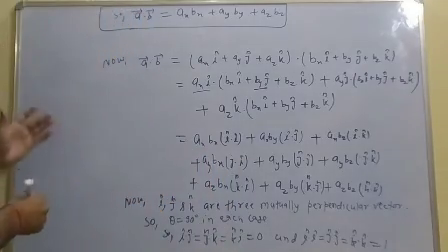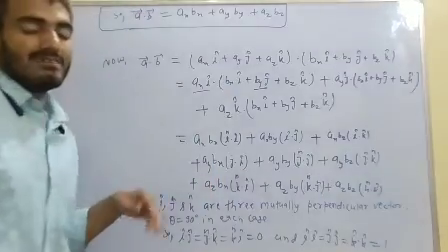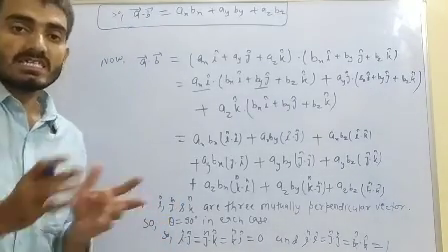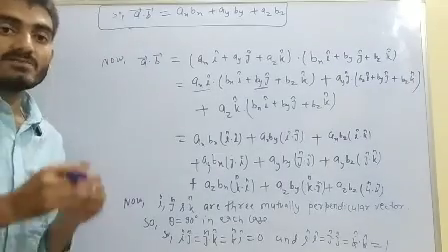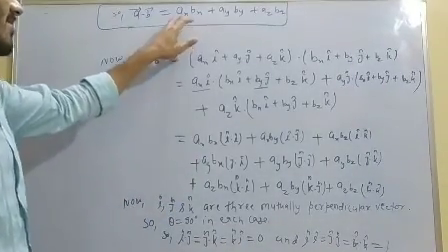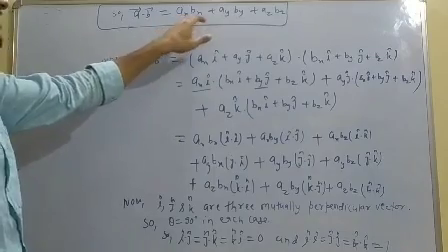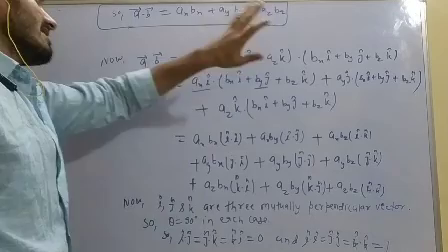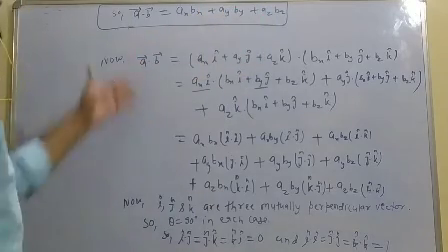When we multiply two vectors by dot and the vectors are given in rectangular components, their dot product is the sum of corresponding multiples of components: the multiple of x components of both vectors, the multiple of y components of both vectors, and the multiple of z components of both vectors, and adding these we get A dot B.